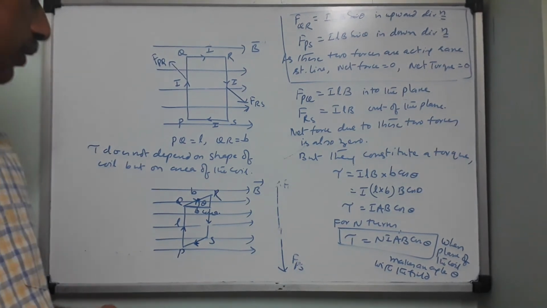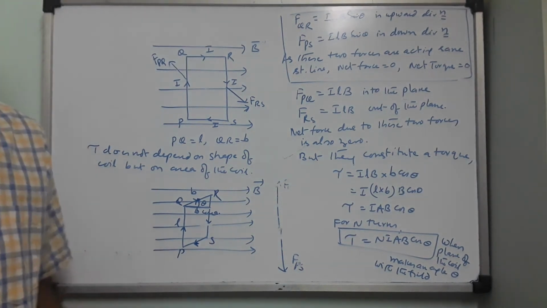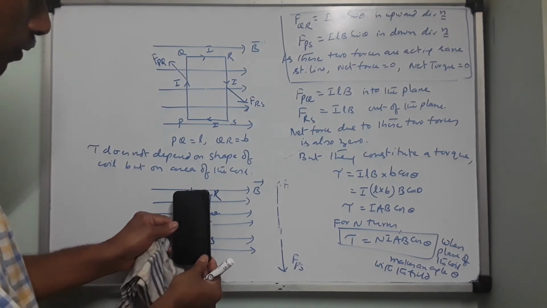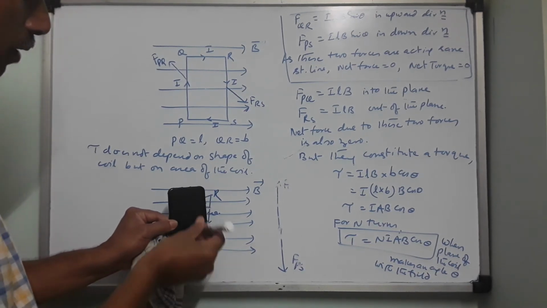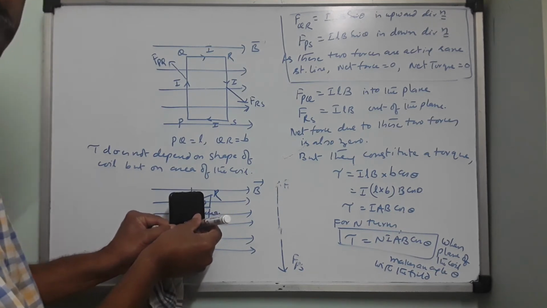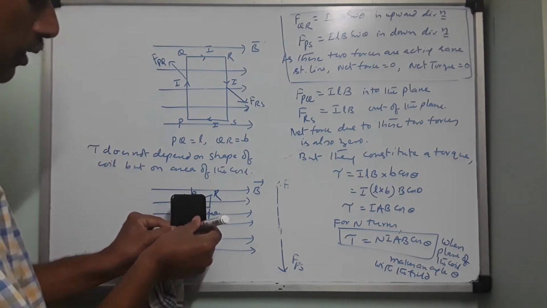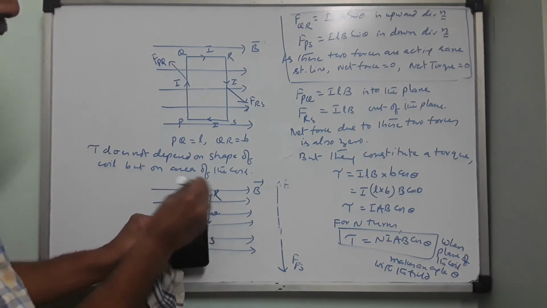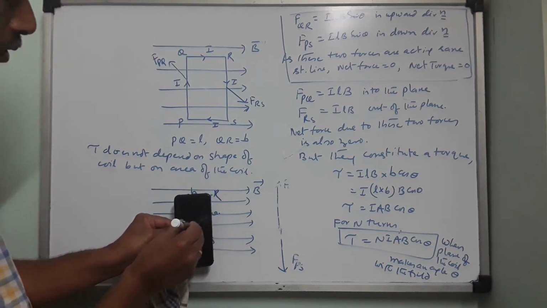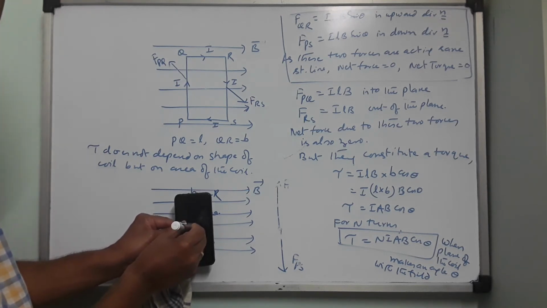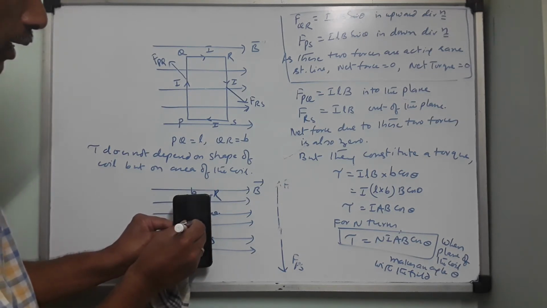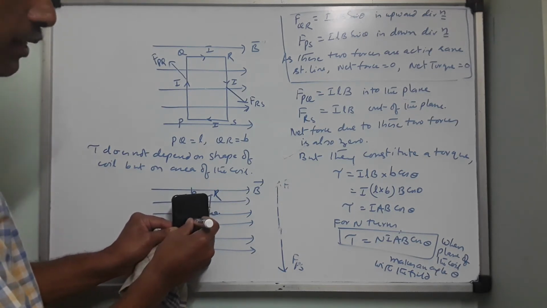Now if you speak of this same thing about the normal, this is called the plane. Now it is like this. The normal will be making an angle 90 minus theta, because now the plane makes an angle 0 with the field. Therefore the normal makes an angle 90 degrees. If this plane turns through an angle theta, the normal will turn by the same amount.